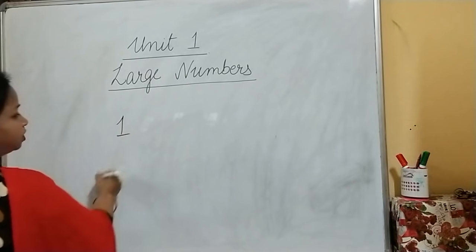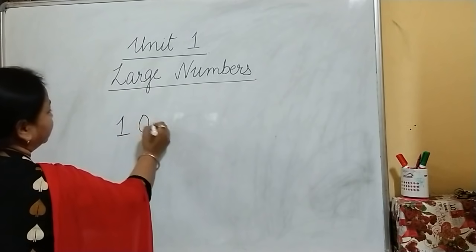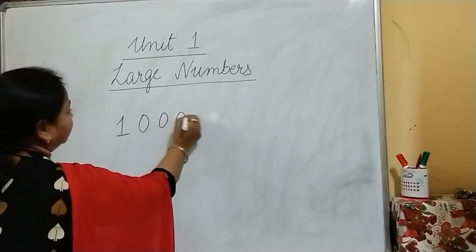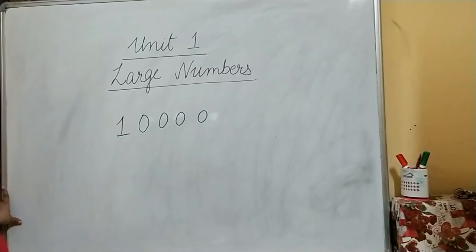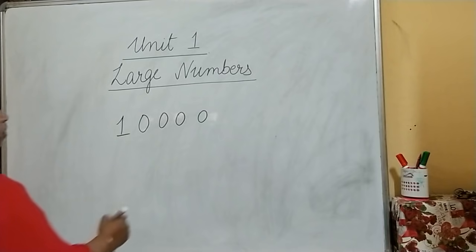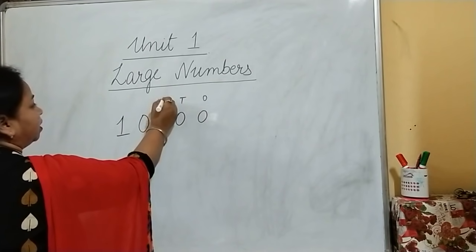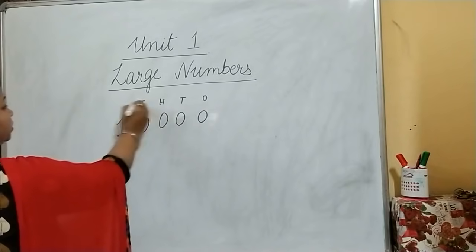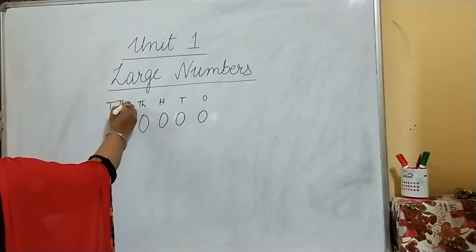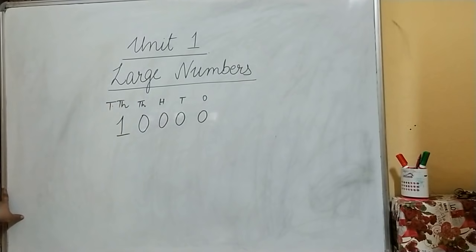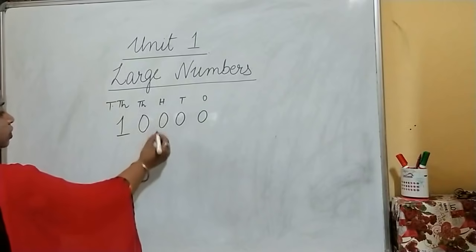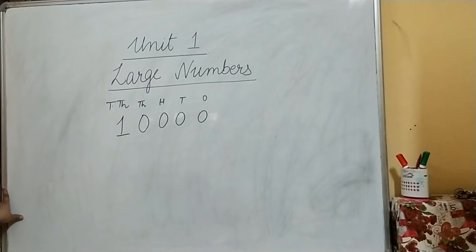The smallest 5-digit number I said, 1 0 0 0 0. And the headings which I was talking about are ones, tens, 100, 1000, 10,000. Right? Let us see what changes are taking place over here.